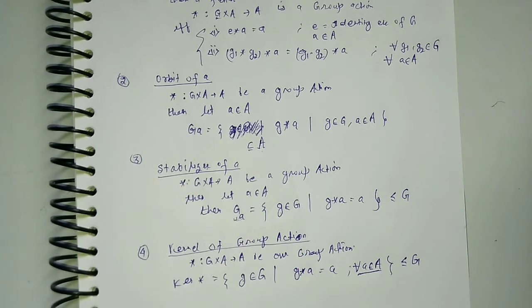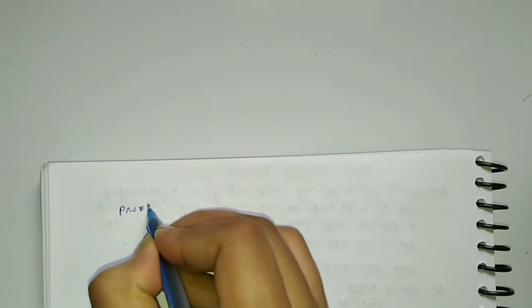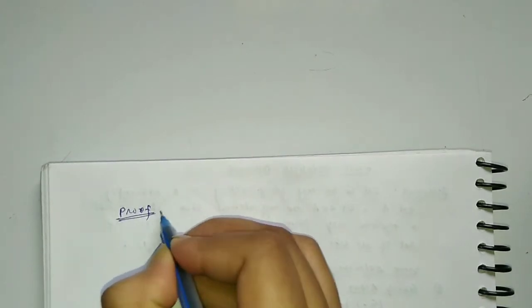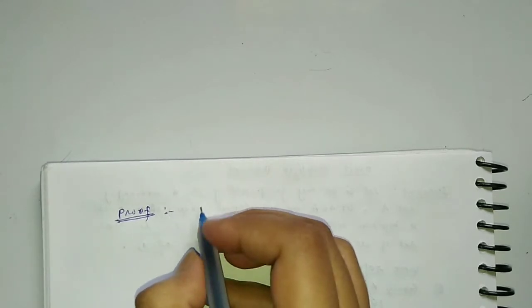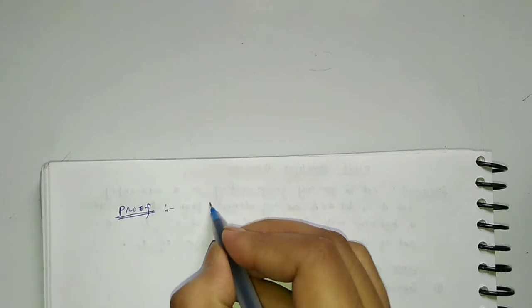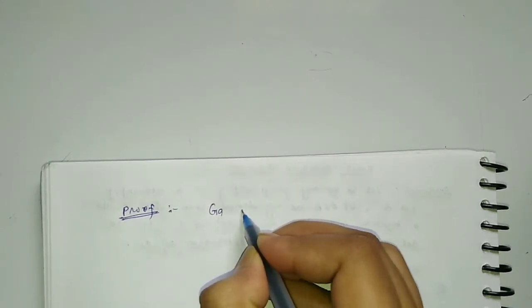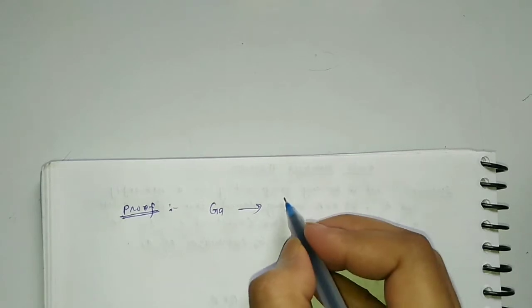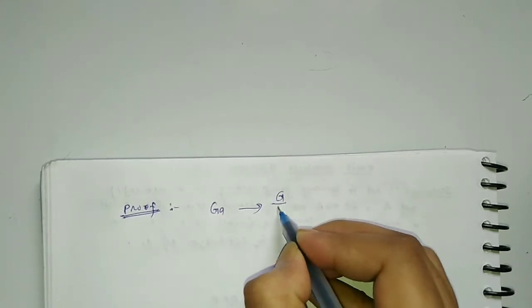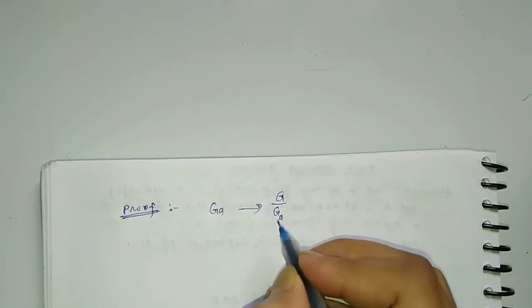Now we are going to prove our main theorem, that is orbit stabilizer theorem. We have to prove that there exists a bijection map from Ga to the set of all left cosets of stabilizer of a, that is G upon Ga.